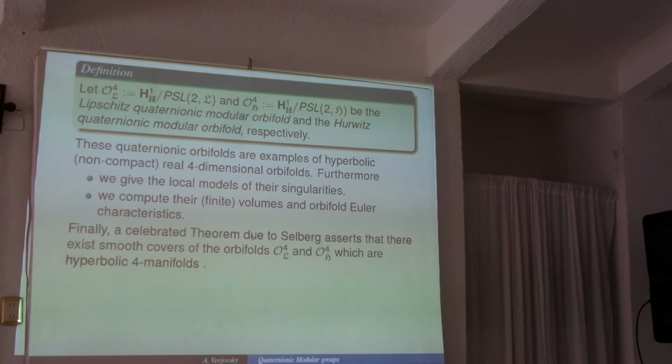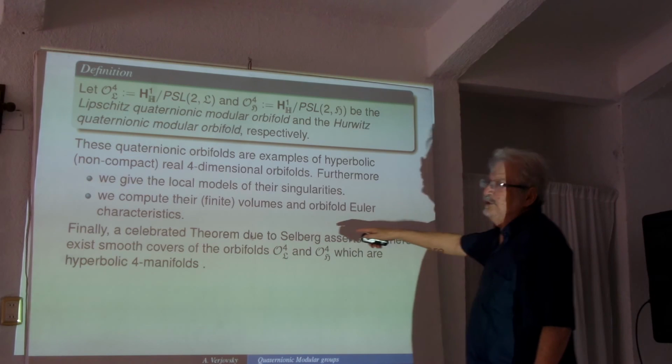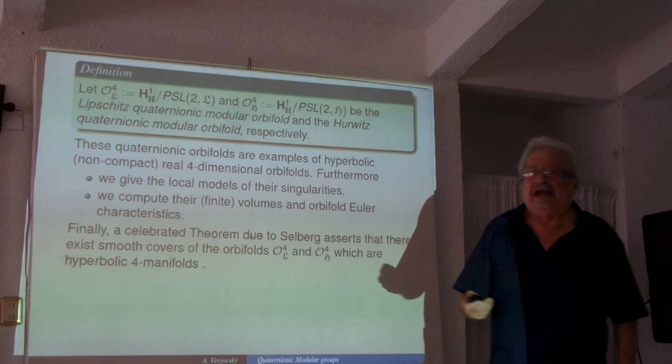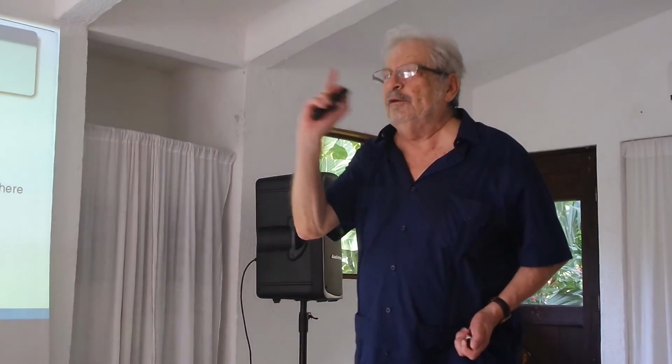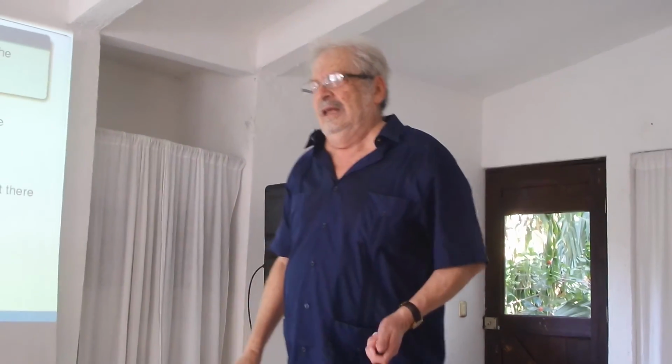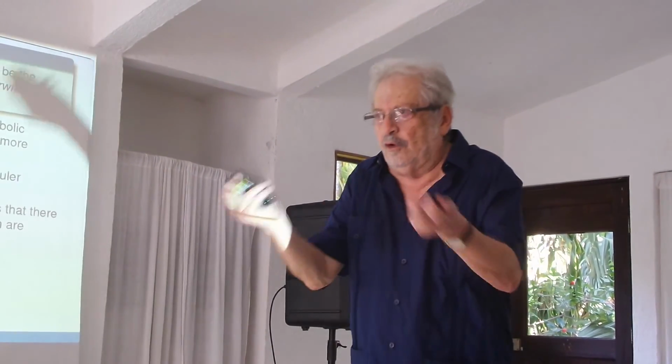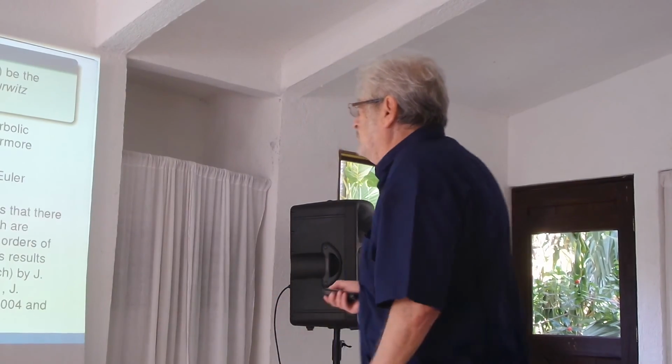And then we have a beautiful theorem of Selberg saying that these groups actually have finite index subgroups that act freely, and therefore now we have not orbifolds but hyperbolic manifolds, an infinite number of new hyperbolic manifolds, which are arithmetic, given by formulas, like the Solas formula.